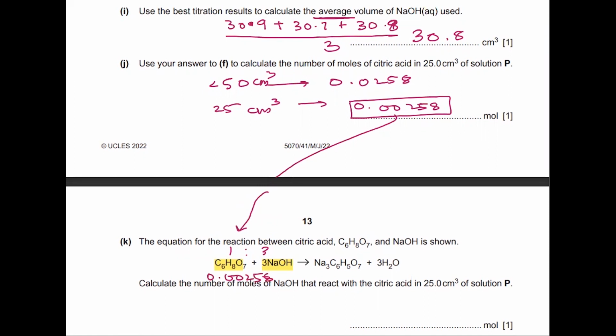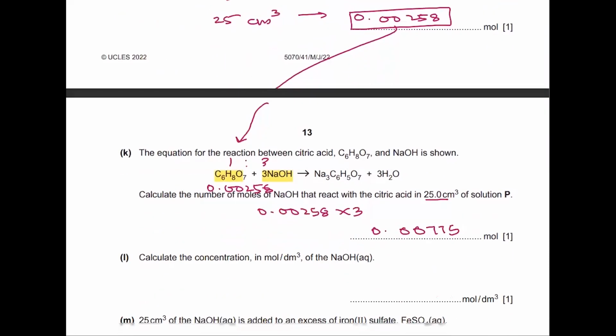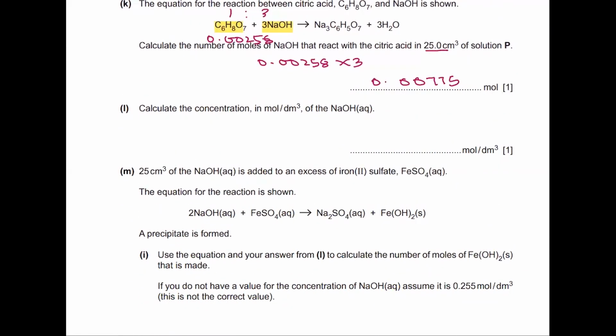So the moles of NaOH will be 3 times that, 0.00258 times 3, which are reacting with 25 cm cube. When you compute this, you will get the answer 0.00775 moles.